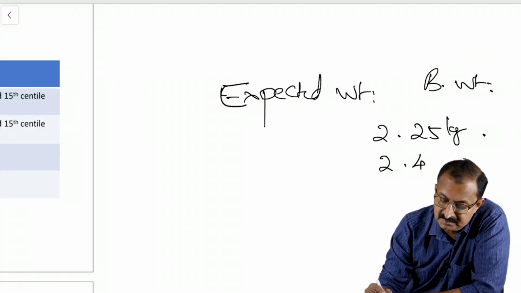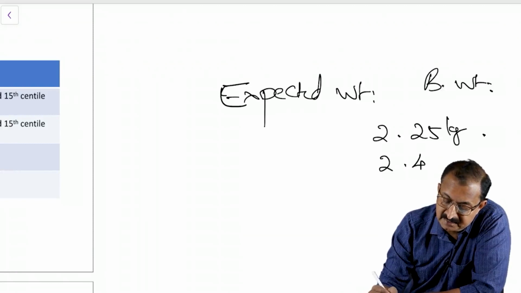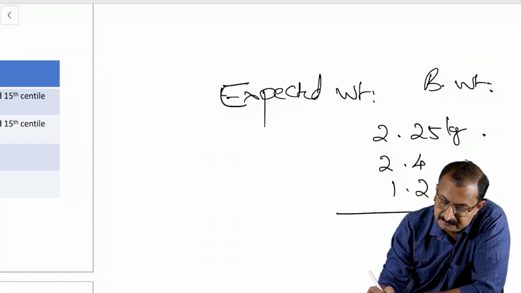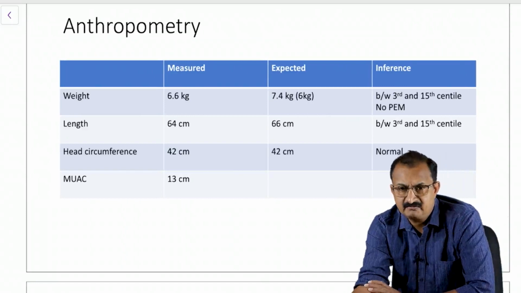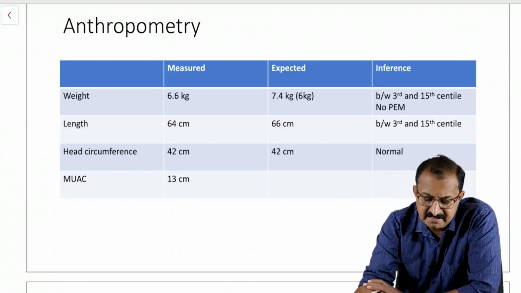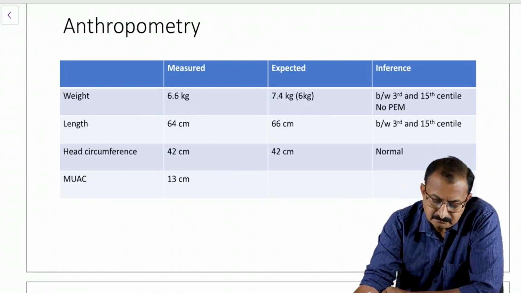So 2 months means 60 days, so it will be 1.2 kg. So the expected weight you can calculate as 5.85 kg, or roughly 6 kg is the expected weight. So this 6.6 kg is actually normal here.